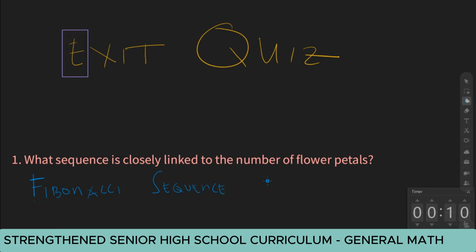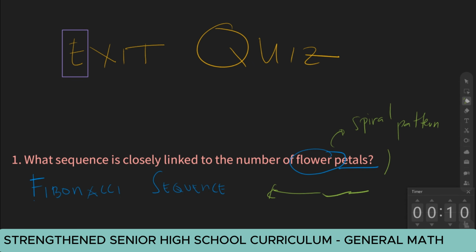As we all know, flower petals are usually in a spiral pattern. That's why it is a Fibonacci sequence.